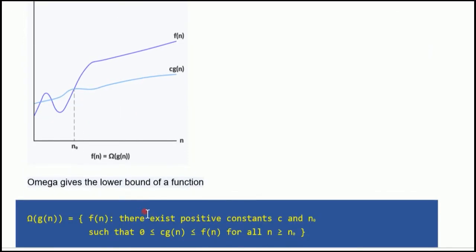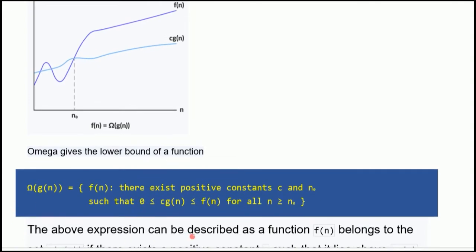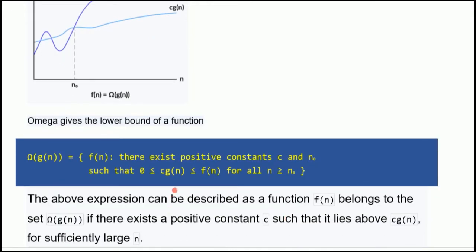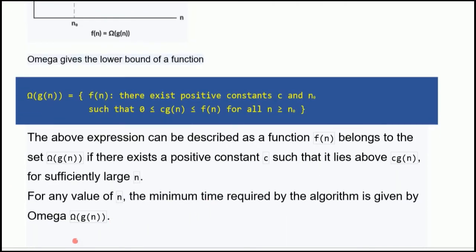Omega gives the lower bound of a function, and it is represented in this way: omega g(n) equals f(n) such that there exist positive constants c and n0 such that c g(n) is less than or equal to f(n), and f(n) is greater than or equal to 0, for all n greater than or equal to n0.